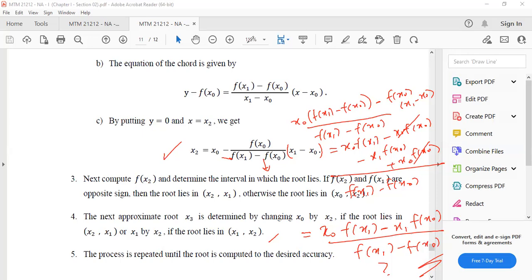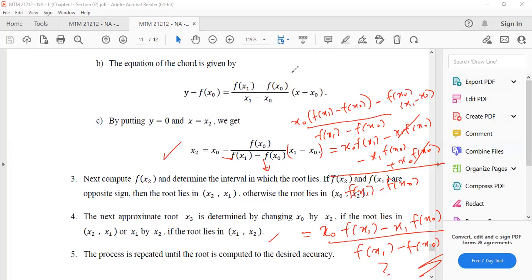Is this correct? Yes, ma'am. Can you chat with me? You don't need to talk, you can chat with me. Can you answer in the chat whether my derivation is correct or not? Yes, that's 24. Okay, thank you. Okay, so good.